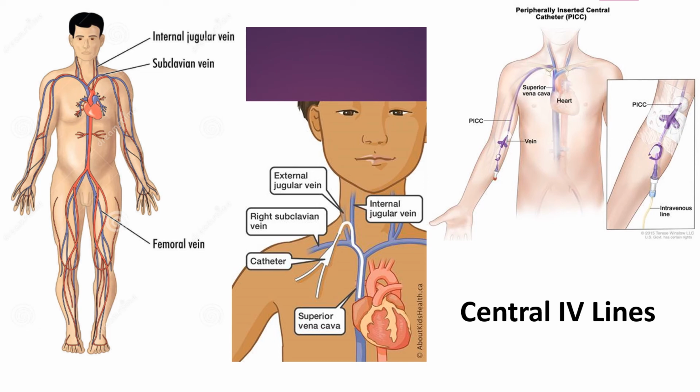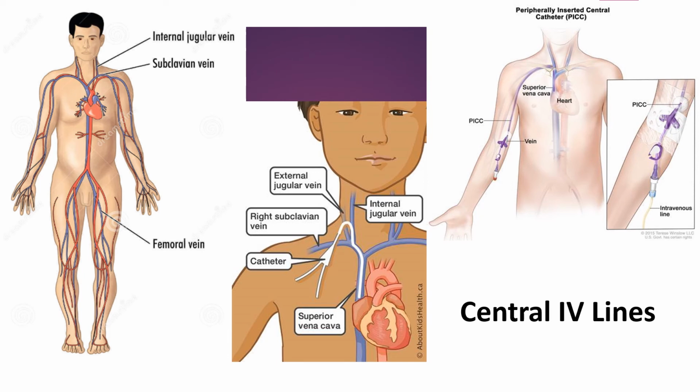For feeding tubes specifically, there are some newer technologies where you might not necessarily need a chest X-ray to confirm placement, but a lot of hospitals will err on the side of caution and still confirm with a chest X-ray. The radiologist or doctor reading that chest X-ray will be able to confirm in their report where the tip of that line is and if that line needs to be adjusted.